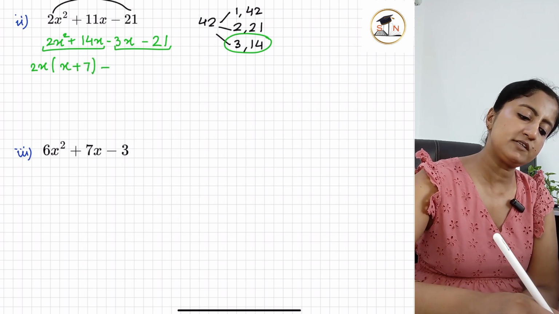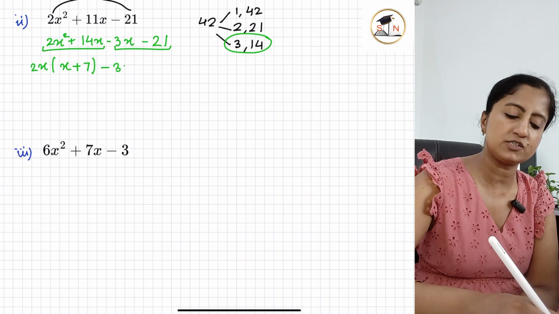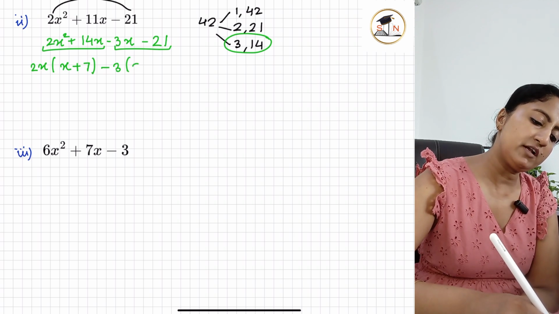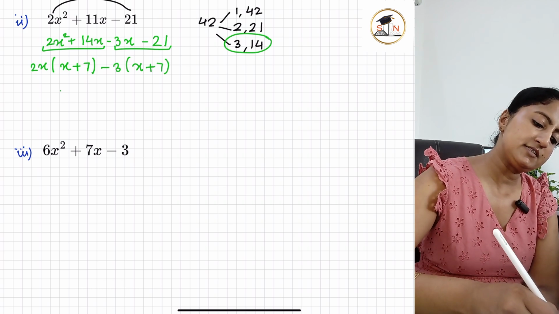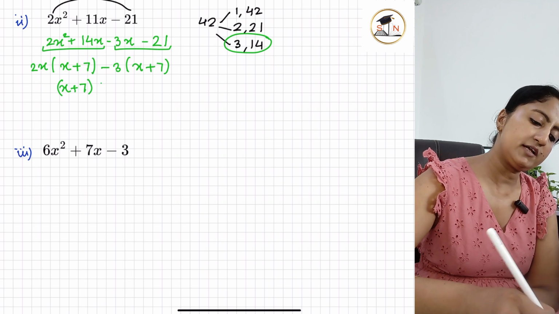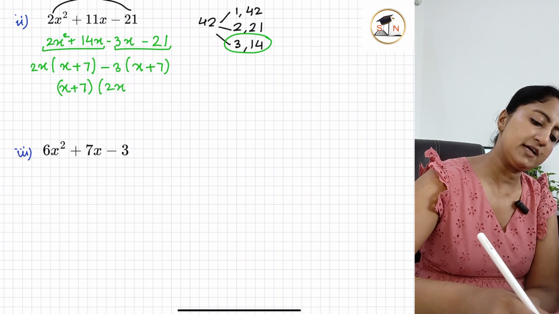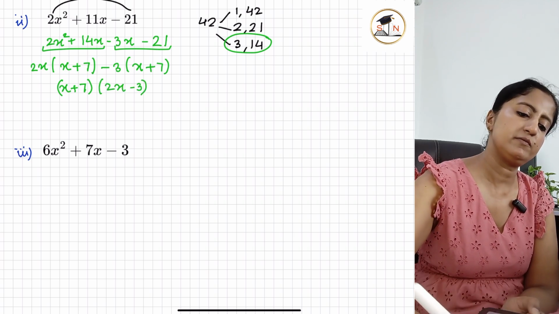The second group leaves us with minus 3 as a common factor, and we are left with x plus 7 again. That means x plus 7 becomes the first factor and 2x minus 3 the second factor.